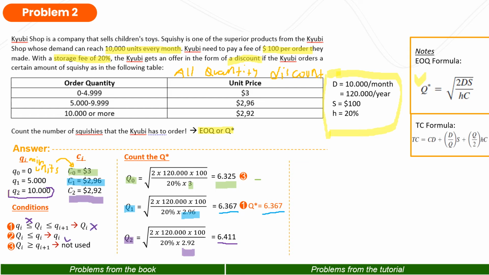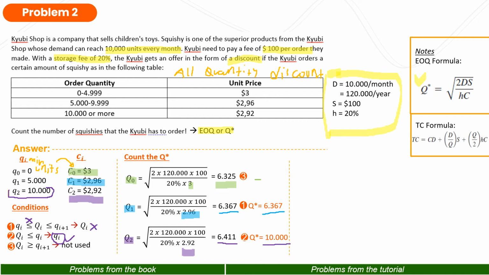So for the unit price of 2.92, we need to order the amount of the little q2 here, that is 10,000 units.